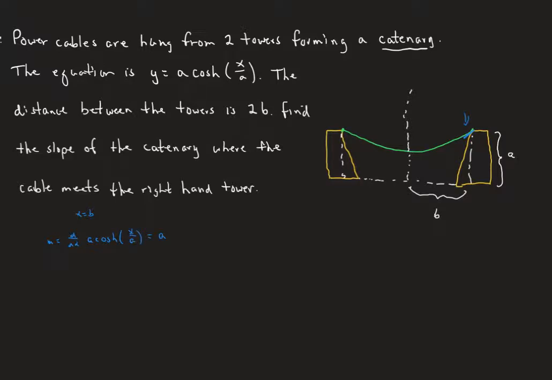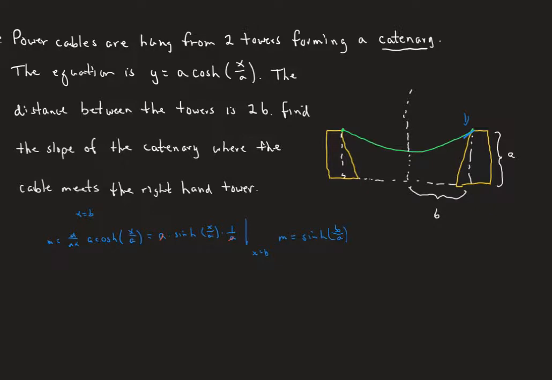So we're going to get the a times the derivative of the outside function, which is hyperbolic sine, and we're thinking of that x over a as 1 over a times x, so we'll still get that x over a, and then times the derivative of 1 over a x, which is 1 over a, and so the a's will cancel, and we're going to evaluate that at x equals b. That means that our slope right there as we come into that tower is going to be given by the hyperbolic sine of b over a.